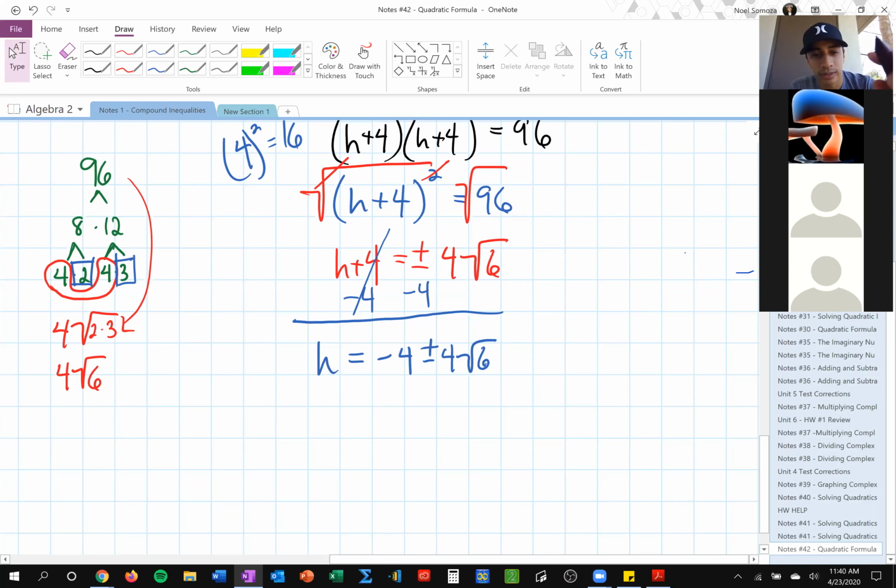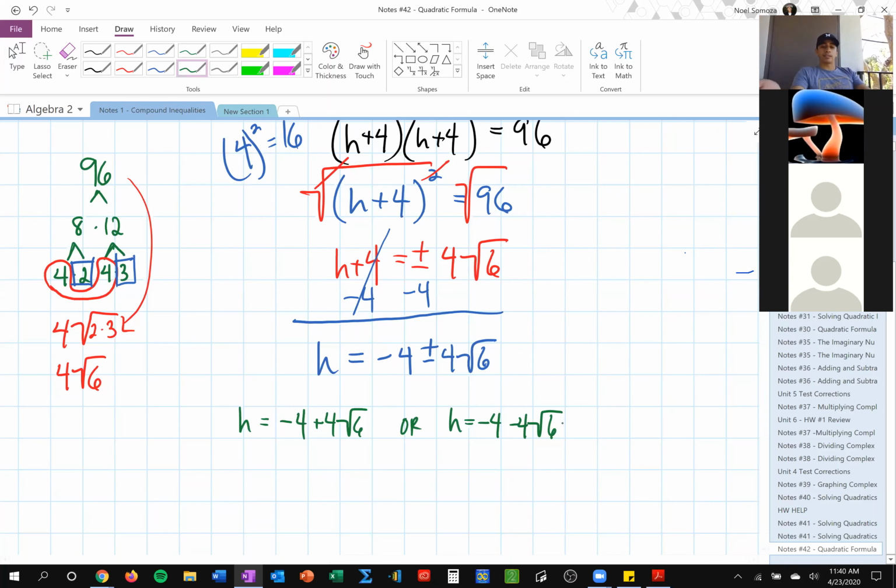So then what we can do is split this solution up into its 2 possible options. You get h is equal to negative 4 plus 4 root 6, or h is equal to negative 4 minus 4 root 6. Just take a guess here. Which one is the correct one? One of them has 2 negative signs, and one of them has a negative and a positive.